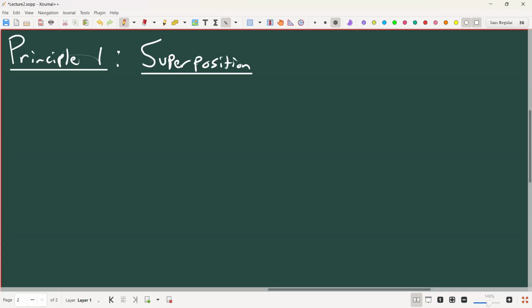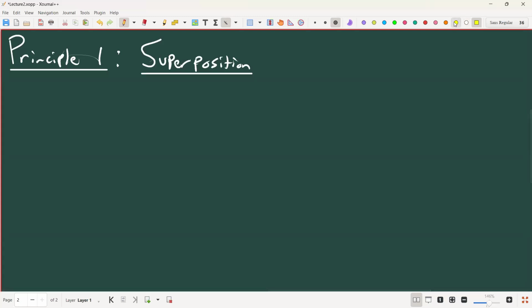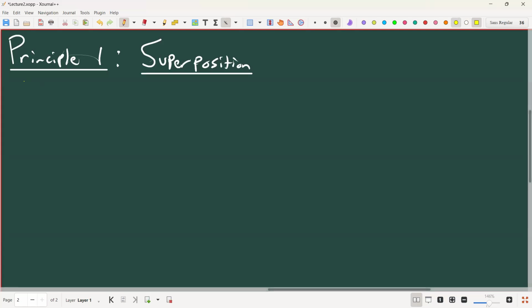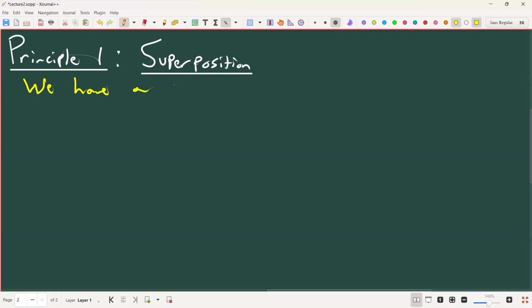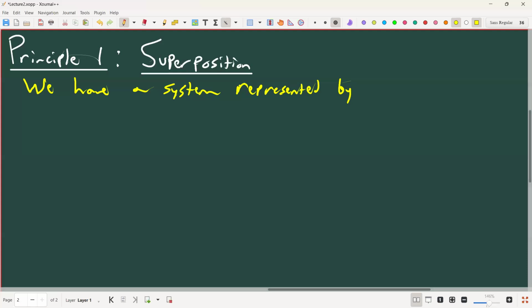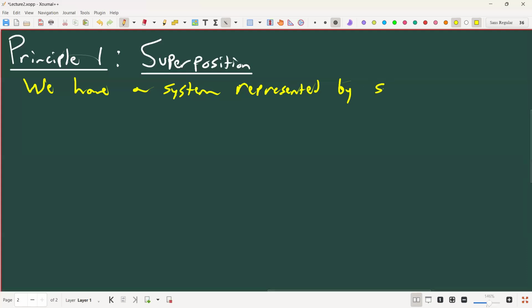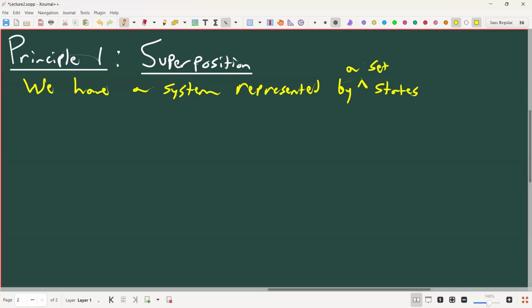What that means is, let's say we have a particle or a system represented by a set of states, or a set of labels that characterize each property result.